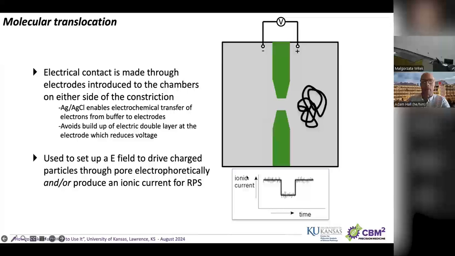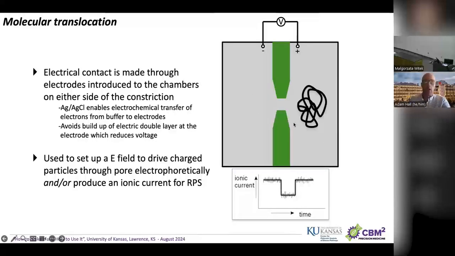When that happens, as you can see down here in the cartoon of the ionic current, the temporary presence of a molecule inside that aperture, as I said before, takes up room that would have been used by ions going back and forth. That effectively increases the resistance temporarily, and thereby decreases the measured current. Then the current will go back up to what we call the baseline level after the molecule passes through.